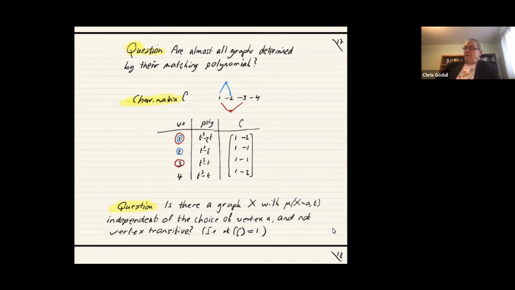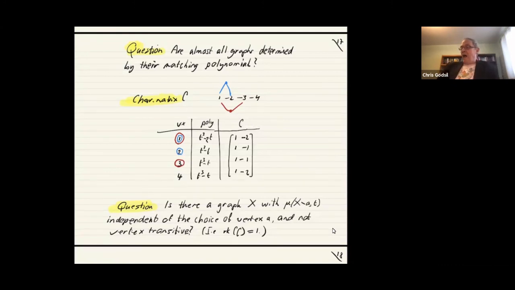So I've written down the 4 matching polynomials of the vertex-deleted subgraphs. Then, because I like linear algebra, I convert those polynomials to row vectors, and I get a matrix with number of vertices rows and about half the number of vertices columns. I haven't bothered putting in the zero columns, for obvious reasons.